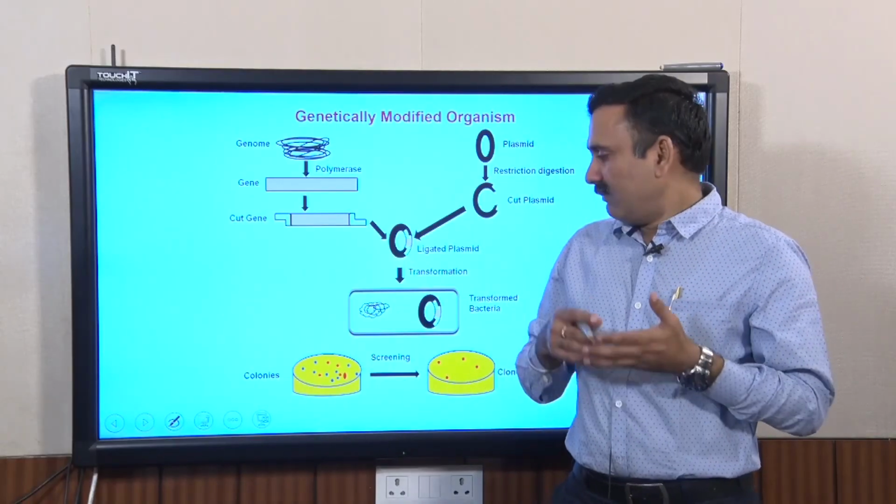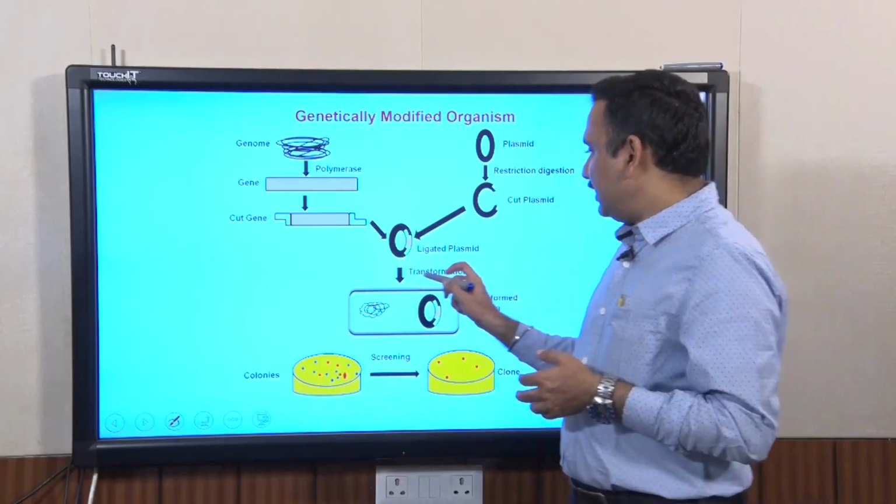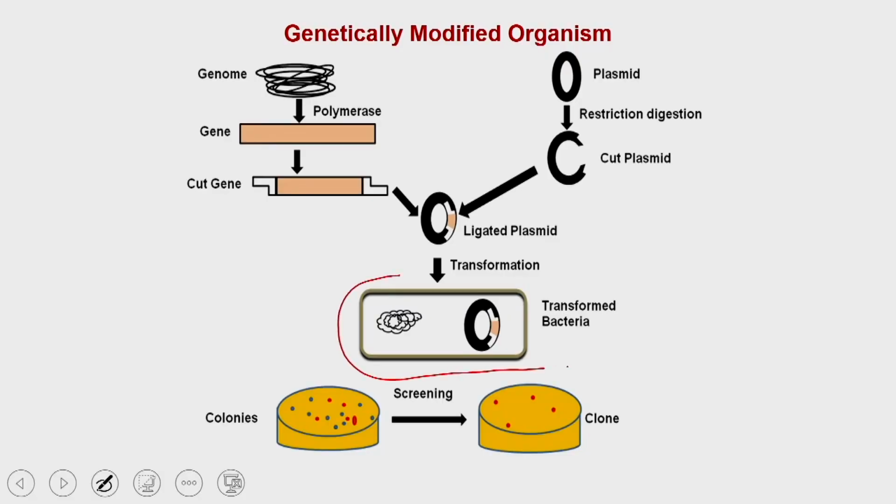So, at the end what we have generated is the transformed organism. In this case we are talking about the transformed bacteria, which we generate by employing recombinant DNA technology.